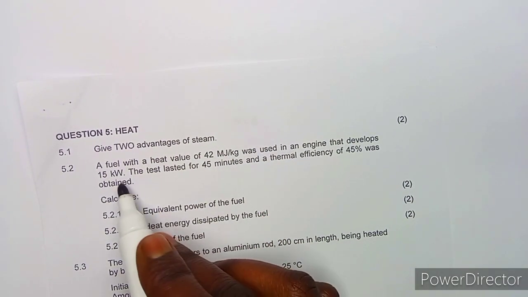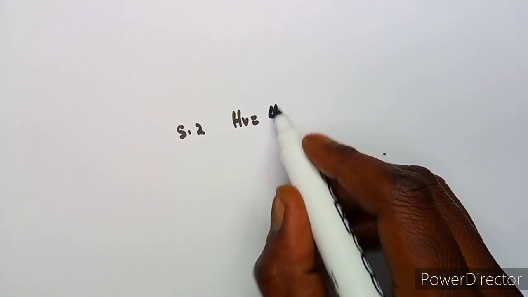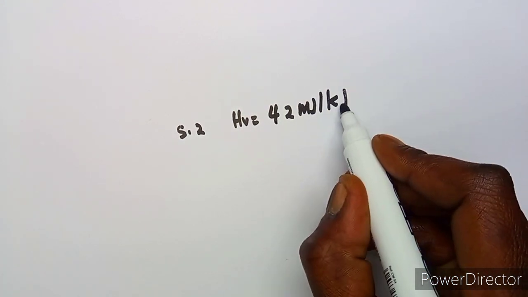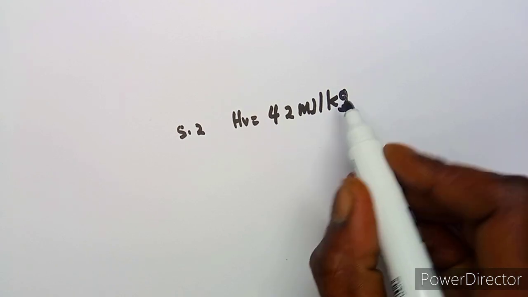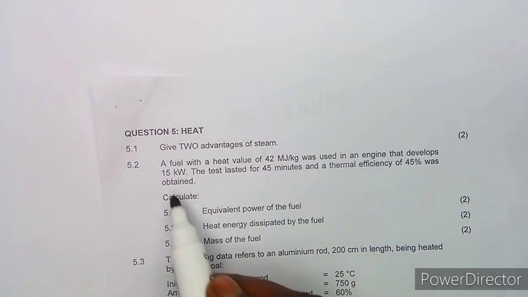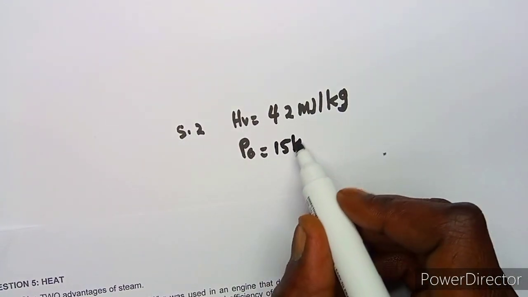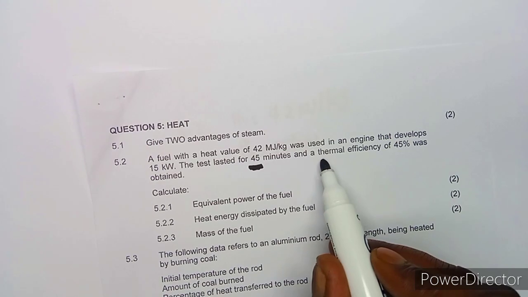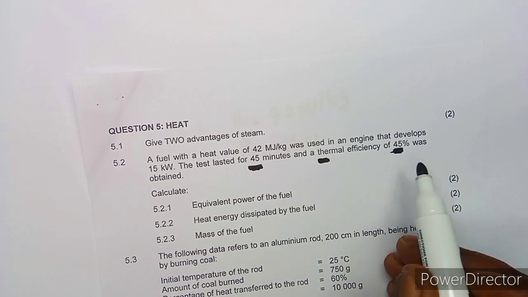All right, and the power, which is the output power. So your heat value is 42 megajoules per kg, and we said we've also got the output power, which in this case is 15 kilowatts. And we are given the time frame. The test lasted 45 minutes and the thermal efficiency was 45%.